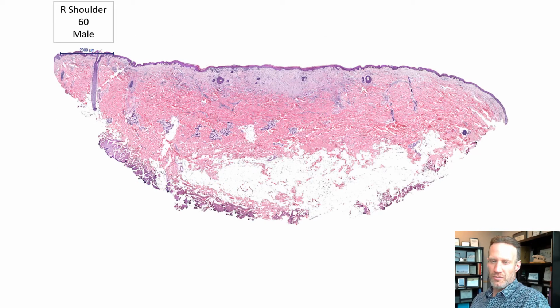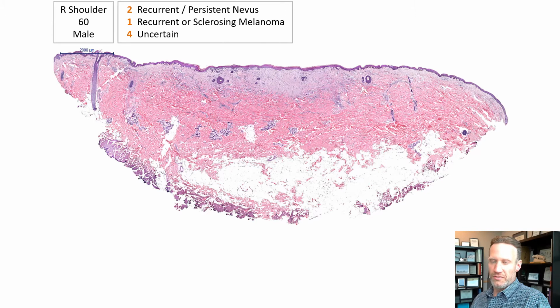And in fact, in one of our studies, this case was examined independently by 7 very experienced dermatopathologists, all of whom acknowledged a good deal of uncertainty here. But 2 of them somewhat favored a diagnosis of recurrent nevus. One somewhat favored a diagnosis of recurrent or sclerosing melanoma, and the remainder concluded that the diagnosis simply couldn't be made or shouldn't be made with any certainty based on only the information that was at hand.